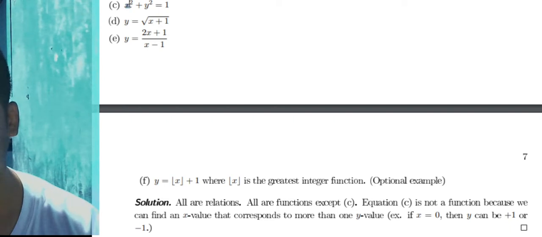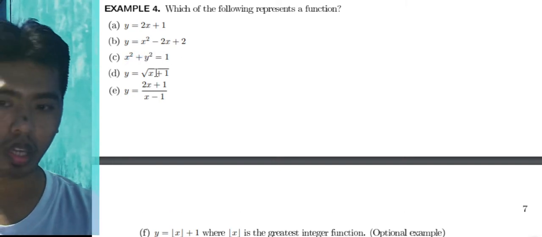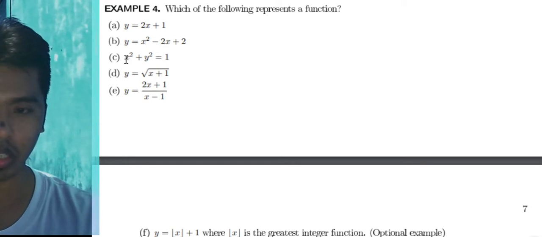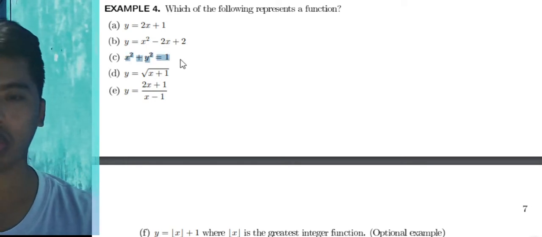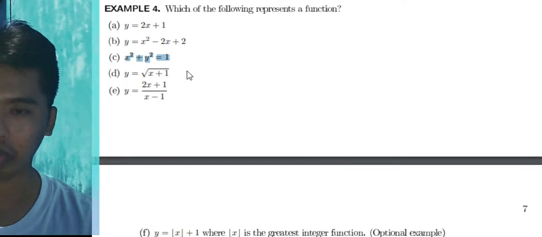As long as your x becomes squared and your y becomes squared, then this would not be a function. Because if you try to graph, this would become a possible circle or a parabola. I'm not really sure, but what I'm sure about is that this is a closed figure. It is enclosed. It could be a circle, a parabola, or an oblong.